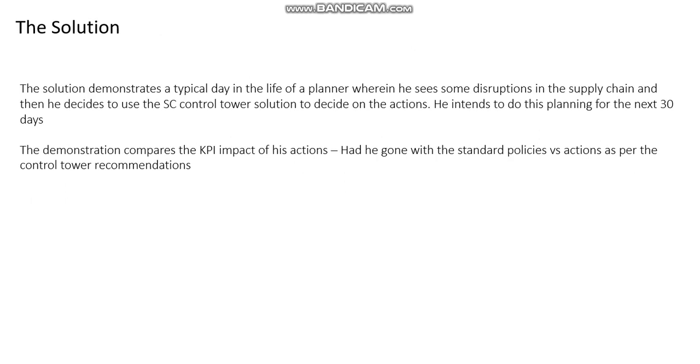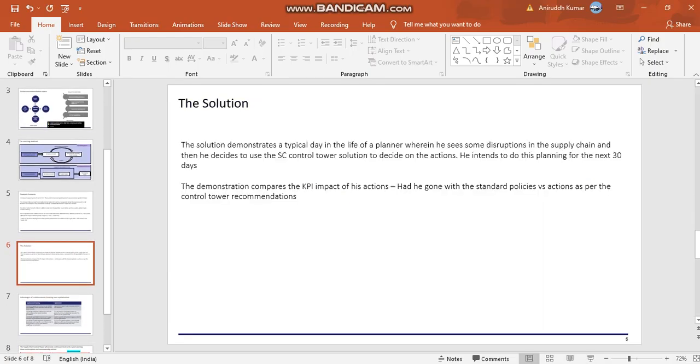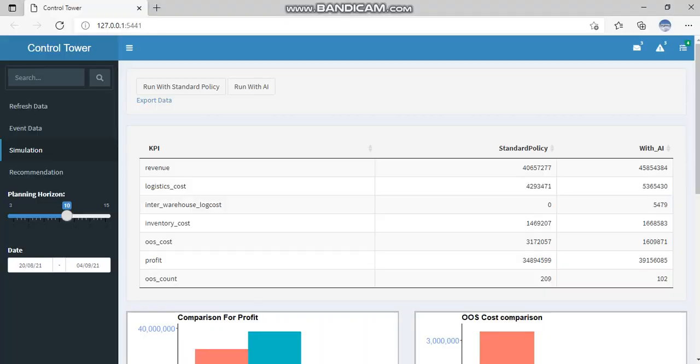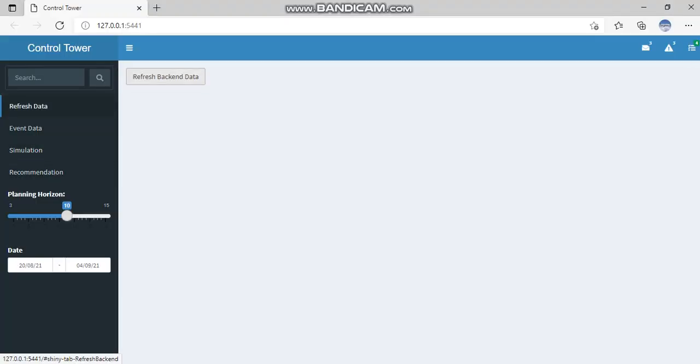A typical day in the life of a supply chain planner: he starts the day, he has a predefined network, the forecast, and the on hand inventory, but he also sees certain disruptions on the demand and supply side, and he wants to do this correction for the next 30 days. So with this, I'll go into the platform. First we refresh the backend data of the supply chain, which I had shown.